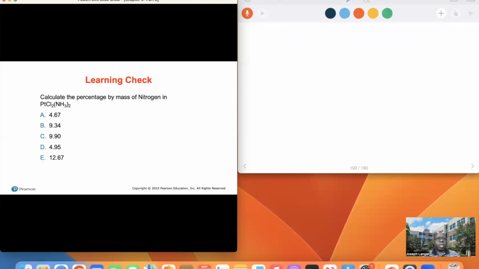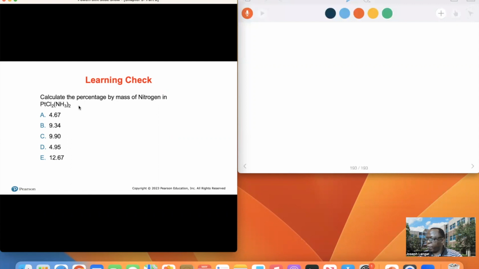Correct answer is A. Next, calculate the mass percent of nitrogen in the following compound. How will you calculate the mass percent in the compound? Given the periodic table, you need to find the atomic mass of platinum, 2 chlorines, 2 times 1 nitrogen, 2 times 3 hydrogens.